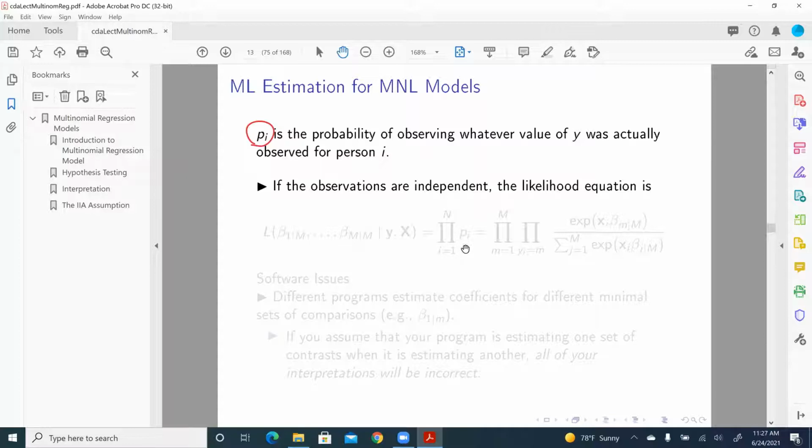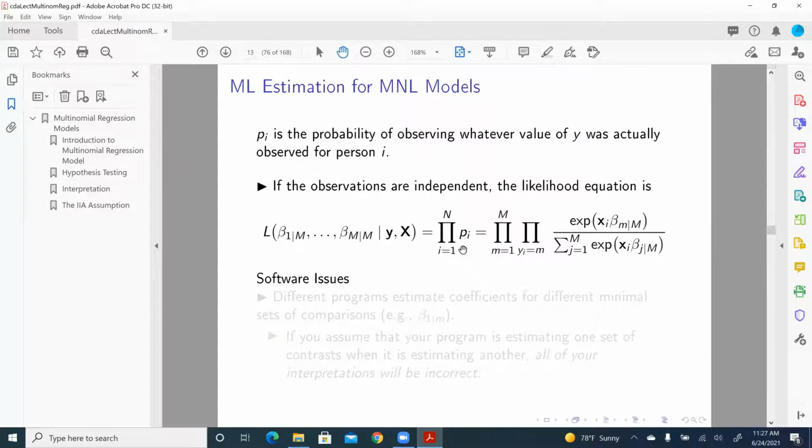If the observations are IID, that is, identically independently distributed, then the likelihood equation becomes this term, right? So the likelihood function is a product of these individual probabilities, and each probability, as we just talked about, can be expressed in this way.